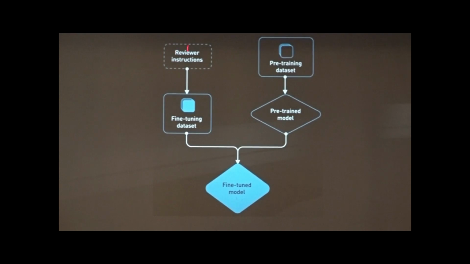From the reviewer instructions, we will fine tune the data set. Here you need to focus a little bit. Just listen carefully, you can understand better. From the reviewer instructions, the data set will be fine tuned, which is not exactly aligning with the GPT model as per its expectations.